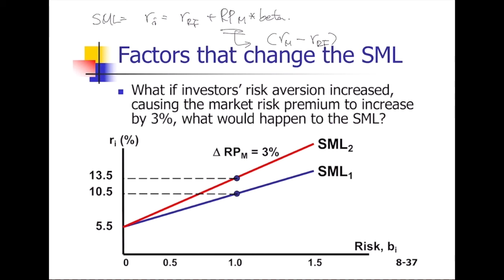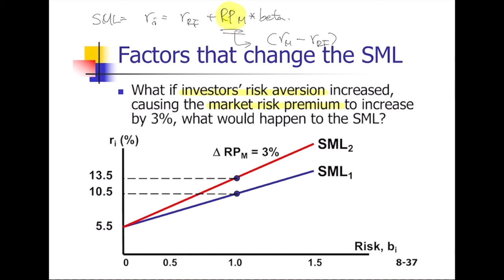In this case, investors' risk aversion increased, right? Causing the market risk premium to increase by 3%. It means if there is more risk, investors want to be compensated for the risk, right? So the required rate of return increases. So it reflects here.